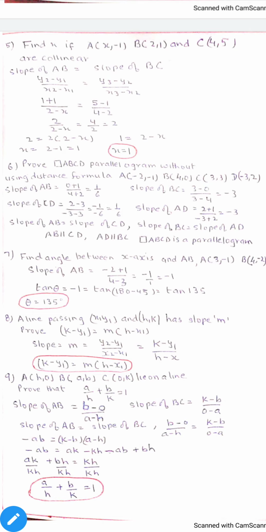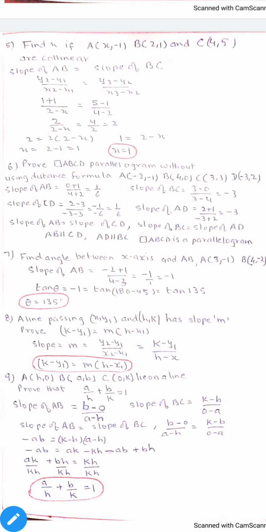Prove quadrilateral ABCD is a parallelogram without using distance formula. A is given (2, minus 1), B is (4, 0), C is (3, 3) and D is (minus 3, 2). We find out the slope of AB, slope of BC, slope of CD and slope of AD. You find that slope of AB and CD is equal to 1 upon 6.